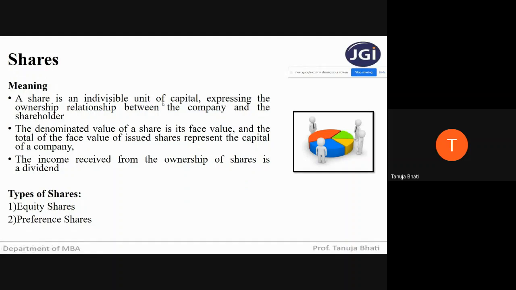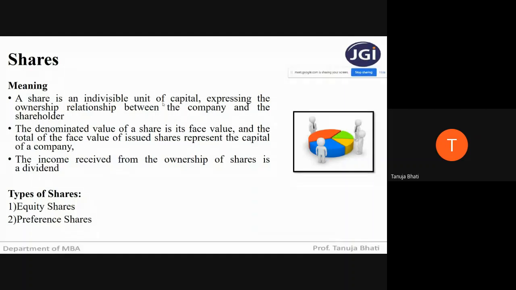Now, once I have given the finance to the company, and they have issued me shares, I need to get some income from the company. Since my money is invested in that company, the company gives me dividend. So dividend is nothing but the income that I'm getting on the shares that I'm holding in a particular company.